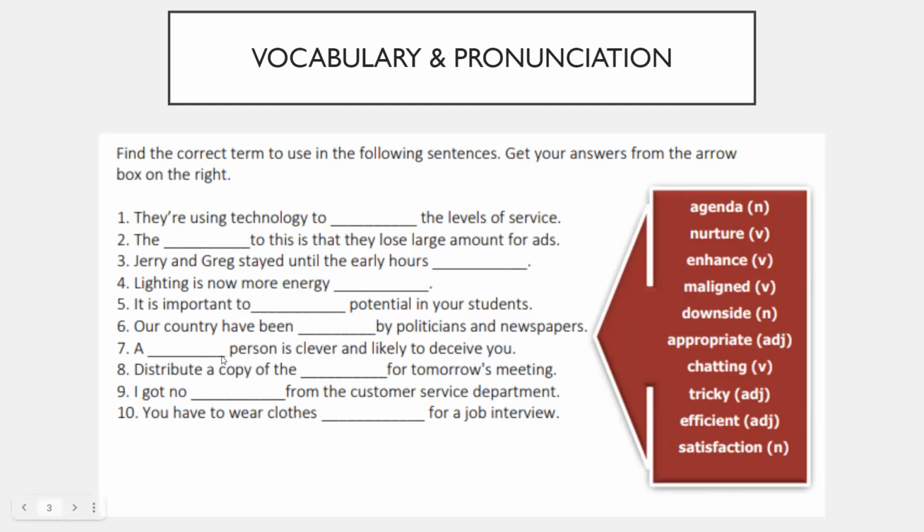A tricky person. A tricky person is someone who is mischievous. When you look at them, they look so good, they look nice, they are polite, but behind your back, they sometimes talk bad about you or people. Tricky. Deceive here means to cheat. They can manipulate you.